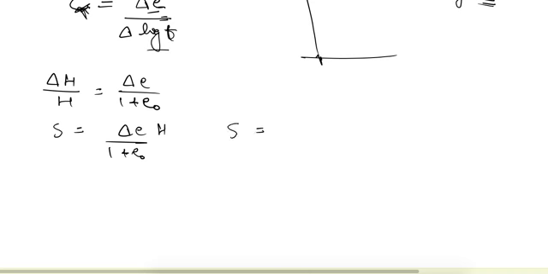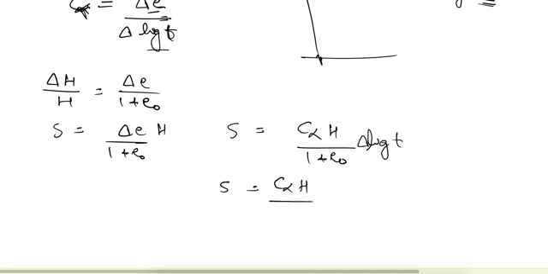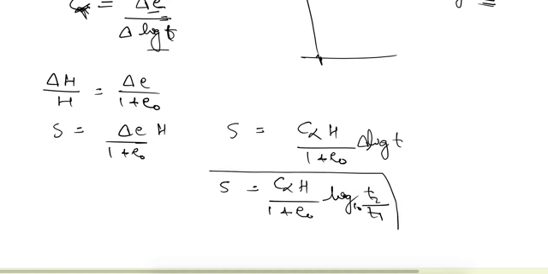So S is equal to C alpha H upon 1 plus e naught, log delta t, and it can also be written as C alpha H upon 1 plus e naught, log t2 upon t1, log base 10. Just this formula is there.